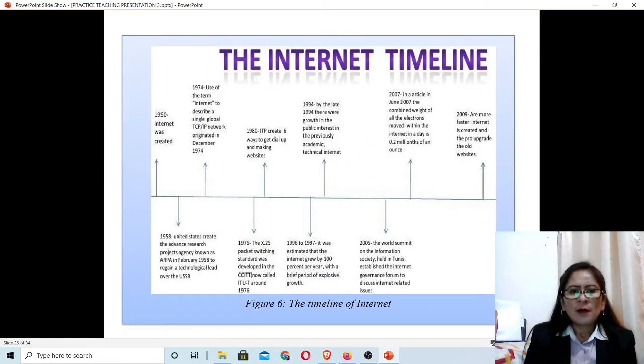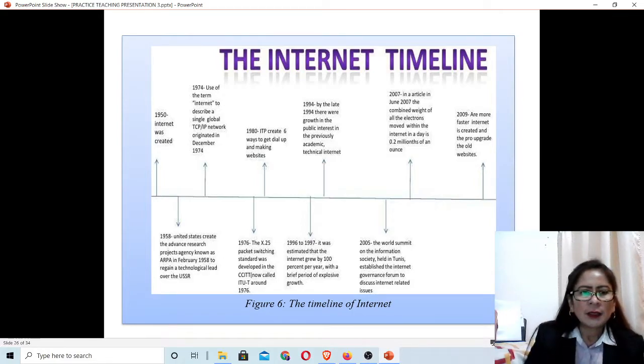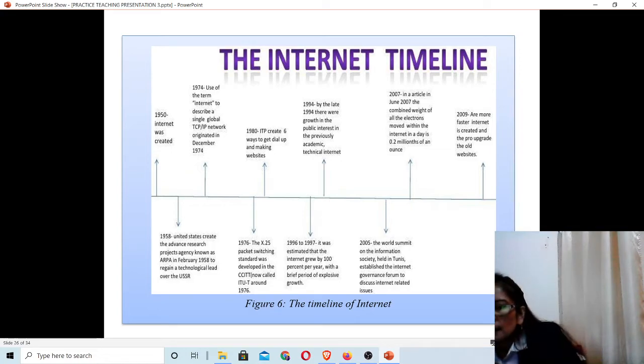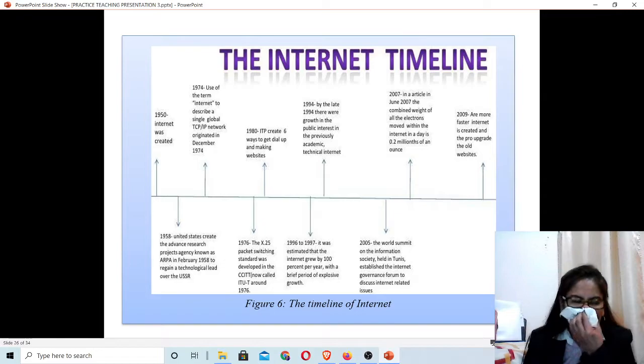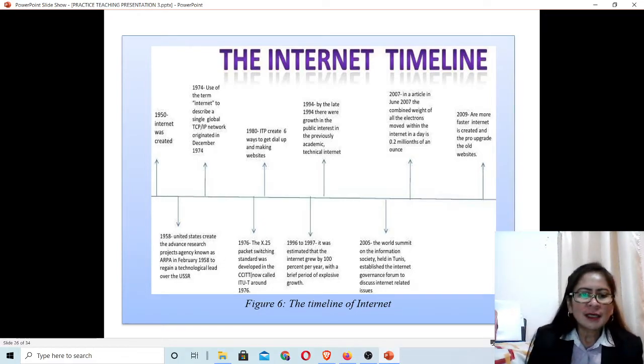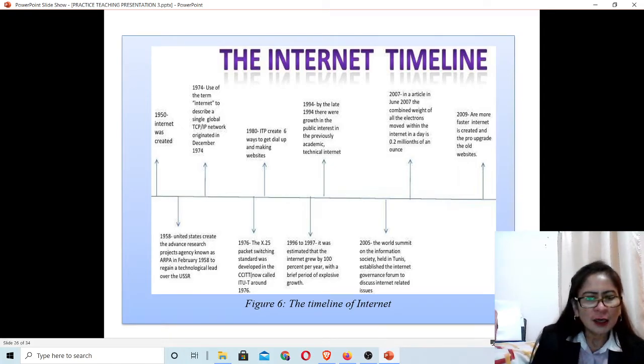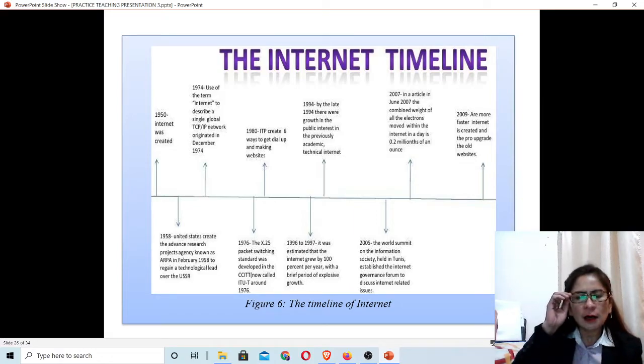The Internet timeline. In 1950, the Internet was created. In 1958, the United States created the Advanced Research Project Agency, known as ARPA, in February 1958 to regain technological lead over the USSR.